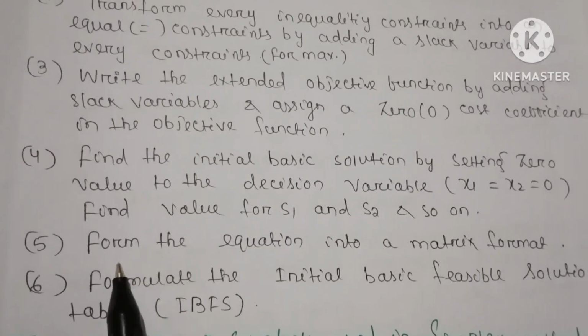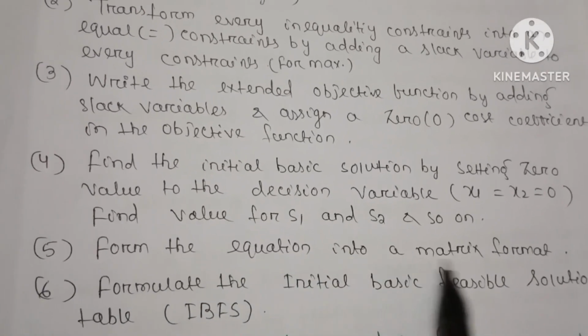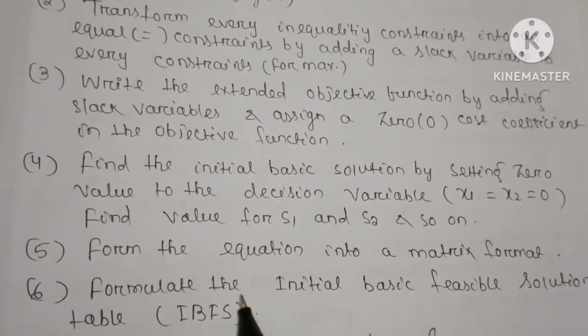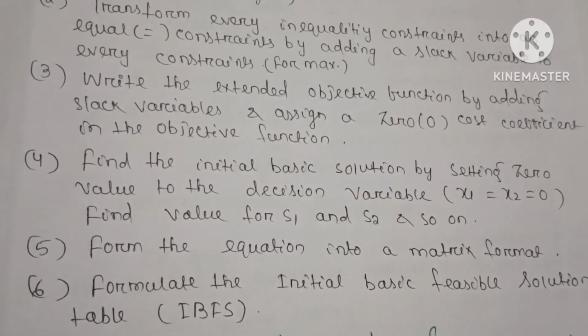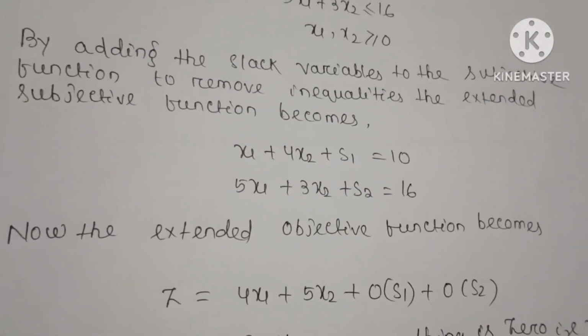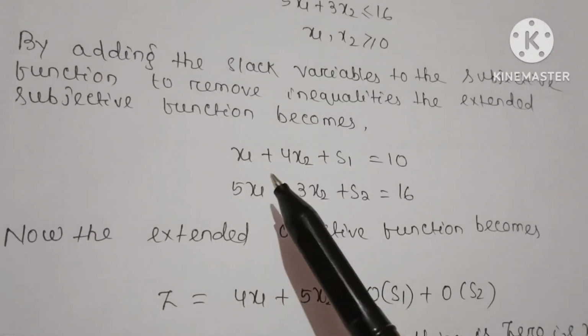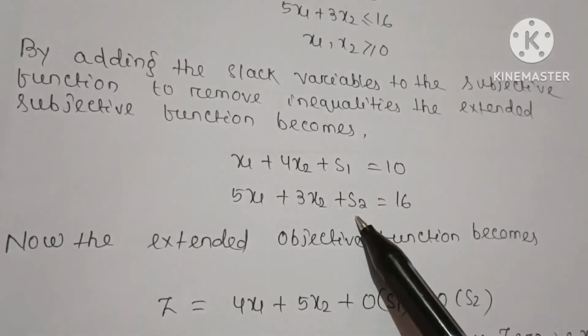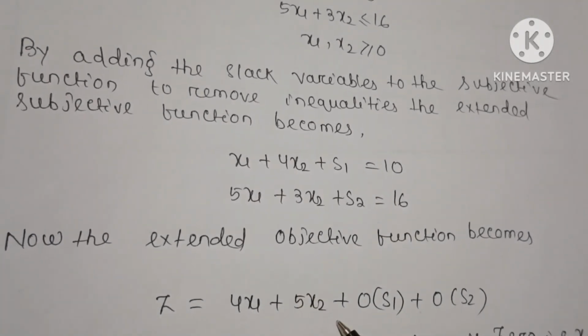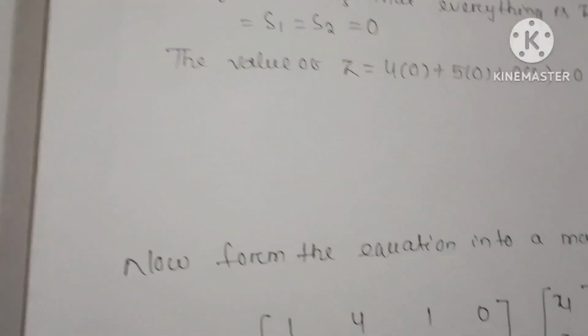Then the next step is to form the equations into a matrix format and formulate the initial basic feasible solution. So let's check it. After adding the slack variables, the constraints and the extended objective function are as shown.